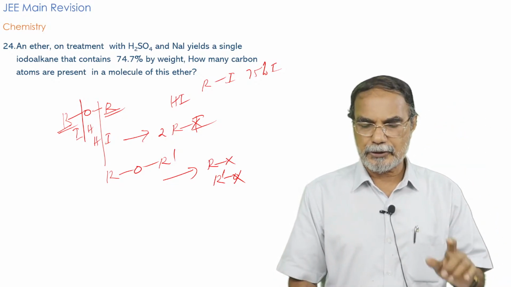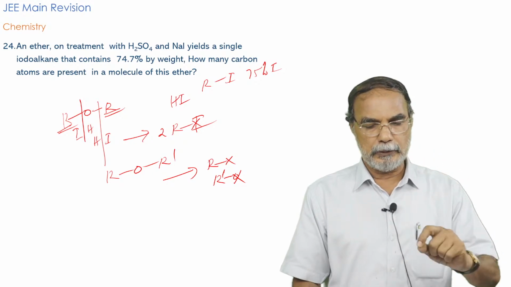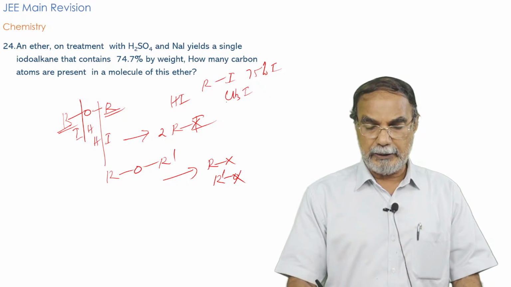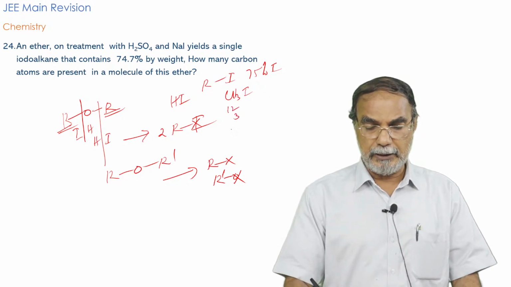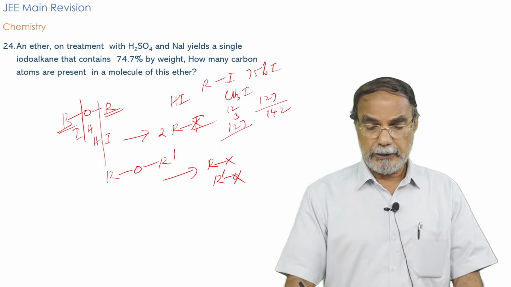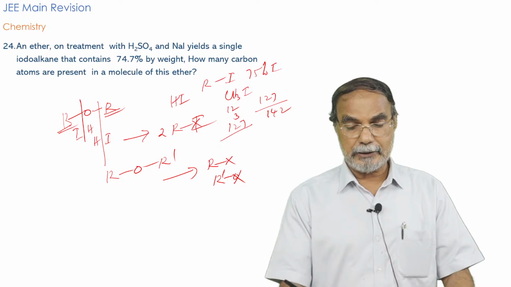That is the mental exercise that is expected of you. If it is methyl iodide, carbon is 12, hydrogen 3, and iodine is 126.9 or 127. It is 127 upon 142. It is never 74.7%. It's much higher than that.